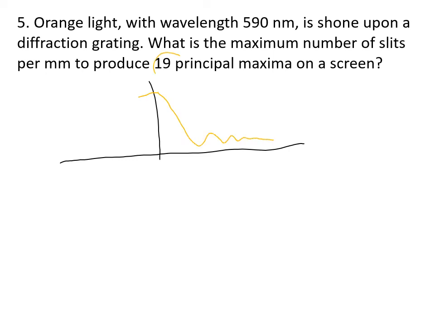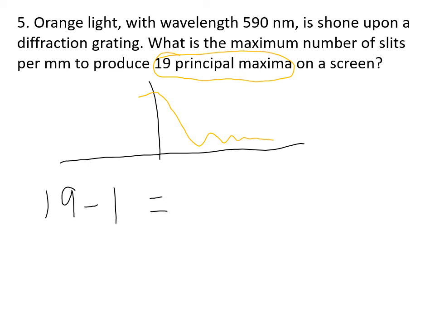Okay, so if we're seeing 19 principal maxima, we're seeing the central peak and we're seeing equal numbers of peaks on either side. So to get the n value from this, you need to take this 19 and subtract out the central maximum.